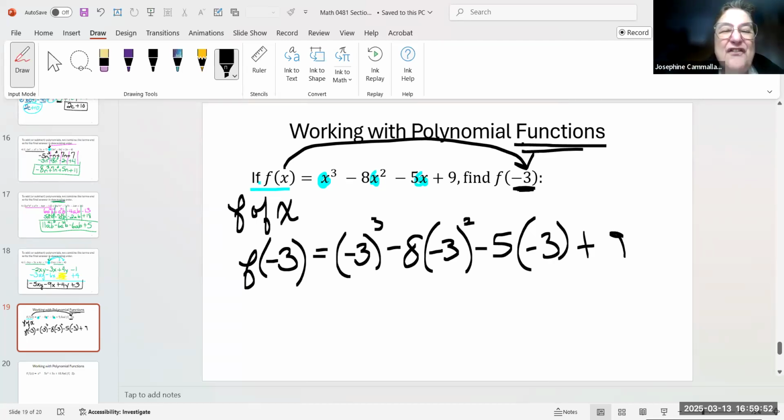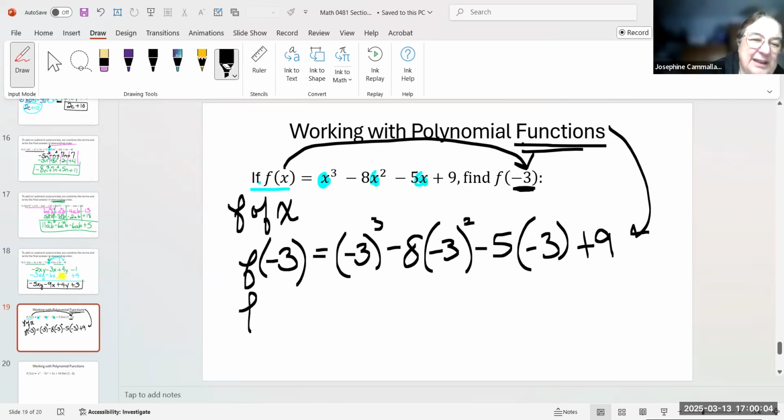This is known as function notation. Okay? It's just another symbols game. But when I write my answer, it's f of -3 equals -27.